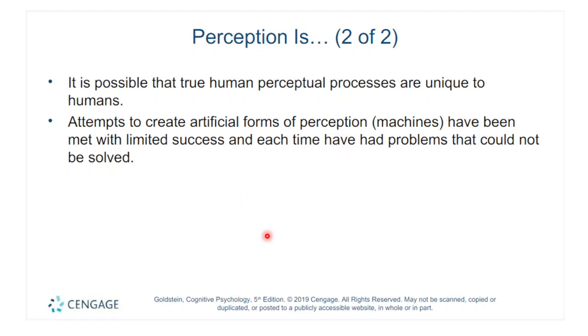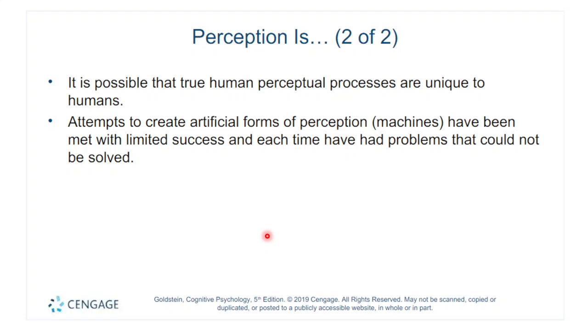It is possible that true human perceptual processes are unique to humans. With this particular content, we know that technology has tried to mimic the perception of humans.